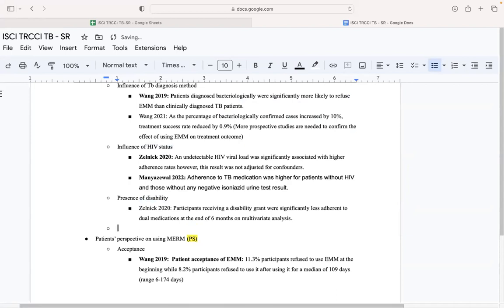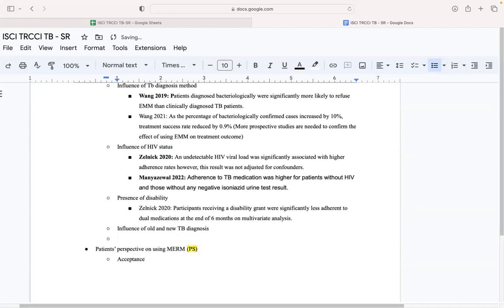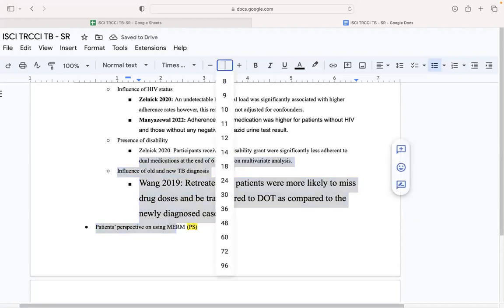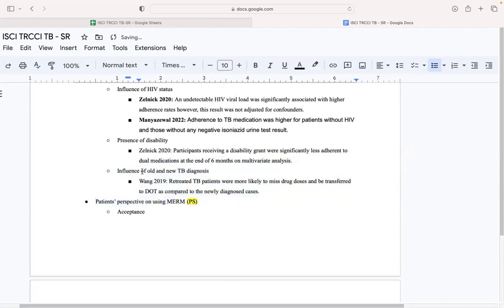We can add another, influence of old and new TB diagnosis, right? I won't focus on the subheading right now, how it sounds. When we complete this draft, we will change the grammar, the sentence structure, all of that.